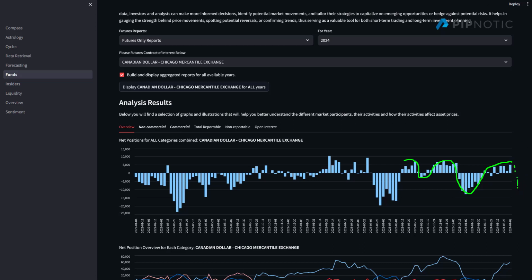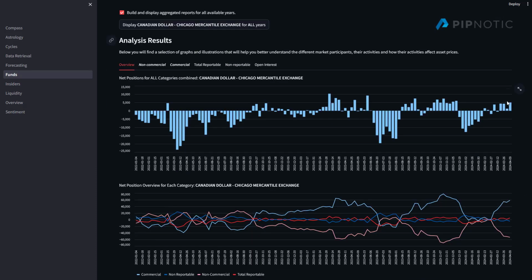Maybe lower. We're getting to some super high net long positions on the commercial side, and this is often where they pull back from. So when you reach these high levels, prices often pull back, and the same at low levels, and we're getting close to that.